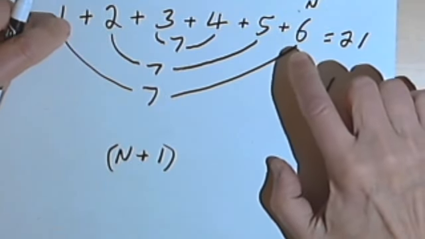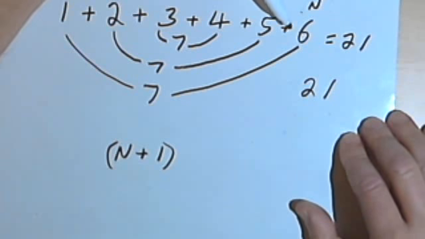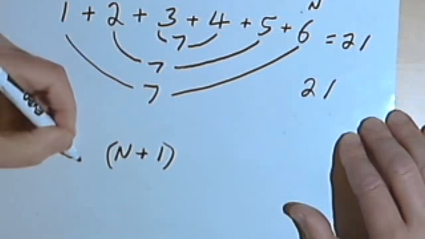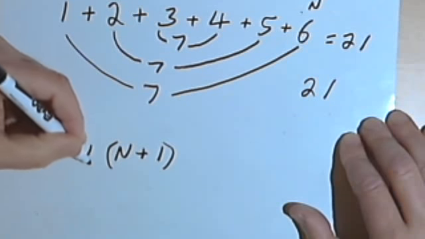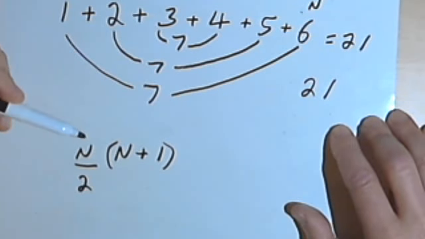In other words, the 1 plus 6, 2 plus 5, 3 plus 4. And basically, I've got half as many pairs as I have numbers. So if I have n numbers, then the number of pairs I have is n over 2. And if I multiply that n over 2 times the n plus 1, I should get the result I want.